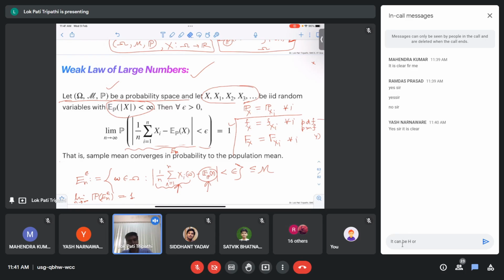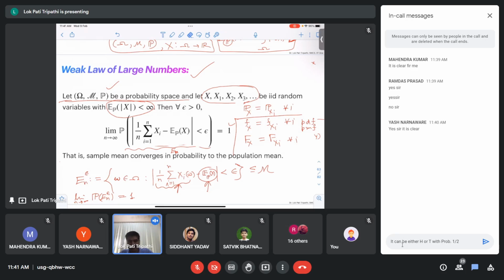Now suppose you have tossed that coin 5 times, and out of 5 tosses, you got 4 heads and 1 tail. Maybe the first toss was tail, and then the other consecutive tosses were head.